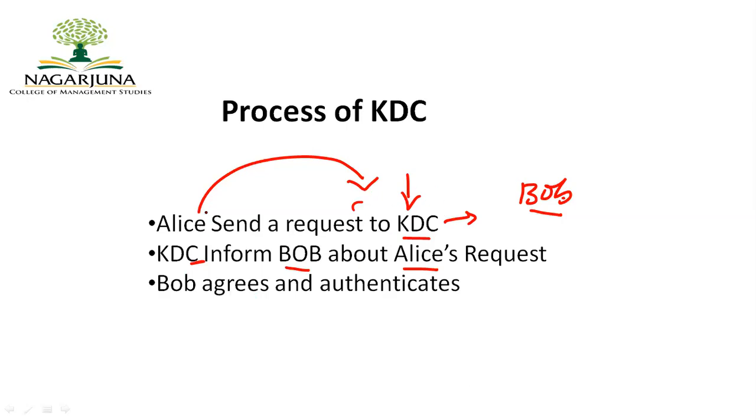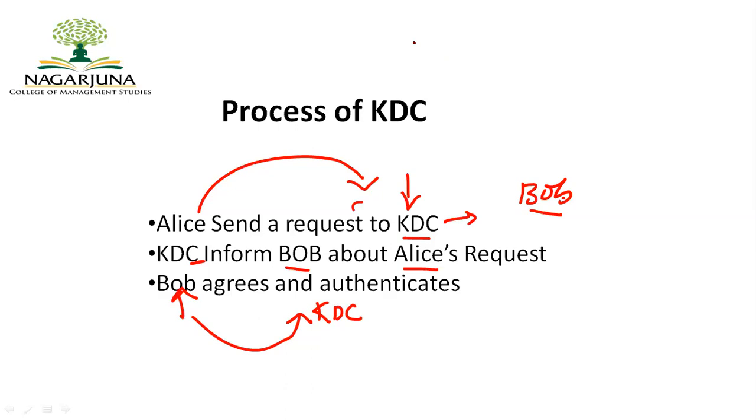Very similar to Alice, Bob also authenticates and sends a message to the KDC by sharing his secret key. Hence, a session is developed between Alice and Bob.